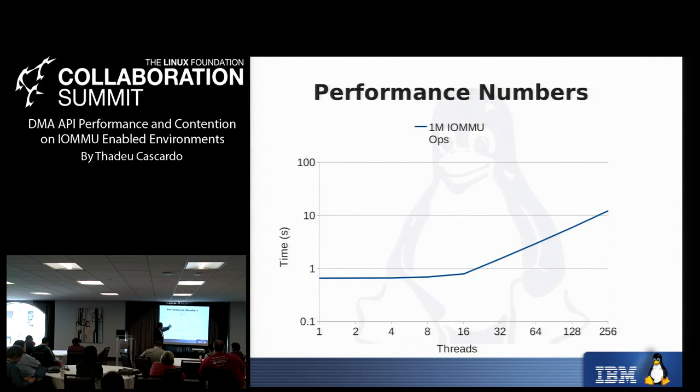And if we have 4 threads, we are doing 4 million operations in that same time. So it's all parallelized, okay? But as we add more threads than we have cores, we need to do some serialization and take more time. But there's no problem in the IOMMU itself. So if I put in more cores, I can use more threads.